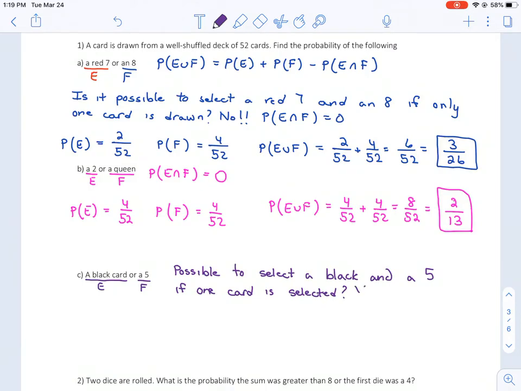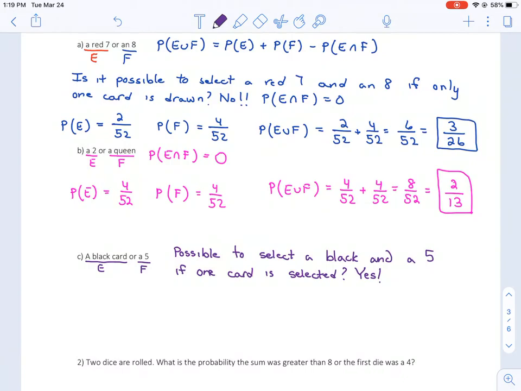And the answer to that one is a definite yes. In fact, there are 2 black 5s in the deck.